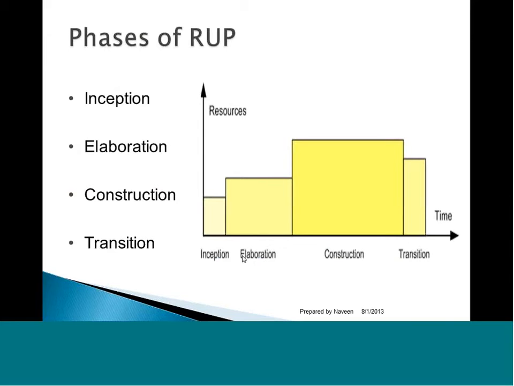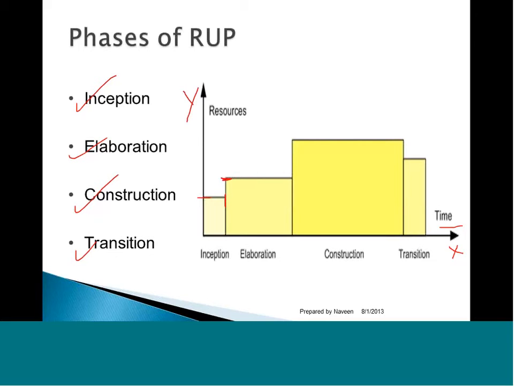So there are 4 phases of RUP. What are those 4 phases? Inception, elaboration, construction, and transition. If you plot these 4 phases with time on the x-axis and resources on the y-axis, inception would require a certain number of resources and a certain amount of time.